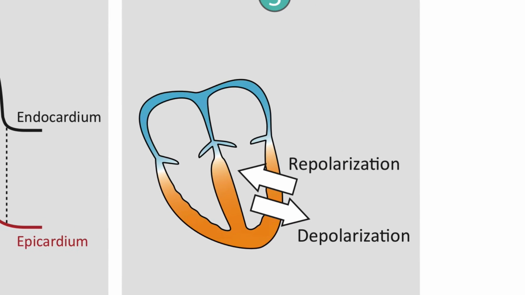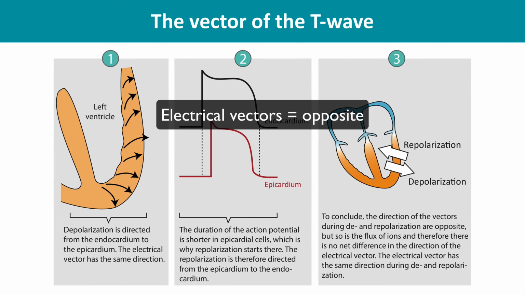So to sum up, this image shows the direction of the electrical vectors during depolarization and repolarization. You can see that depolarization is directed from the endocardium to the epicardium, whereas repolarization is directed from the epicardium to the endocardium. So the electrical vector is oppositely directed during depolarization and repolarization.